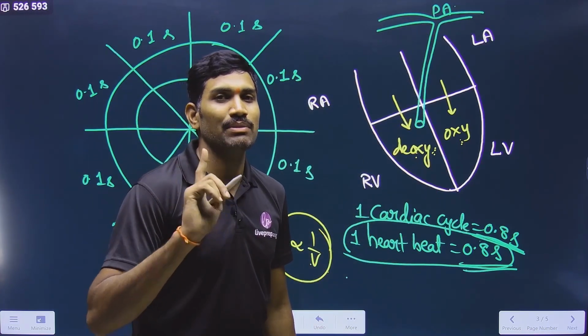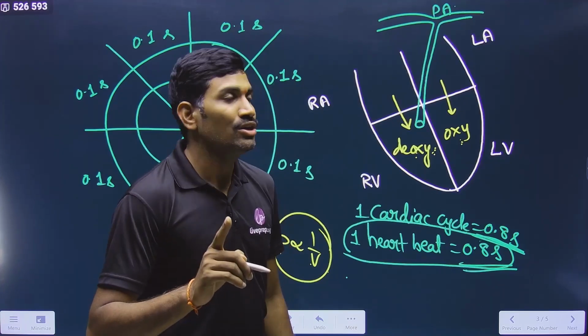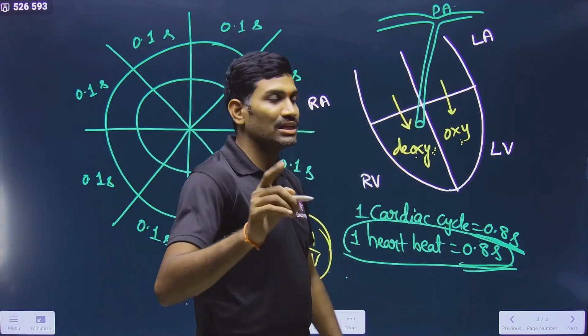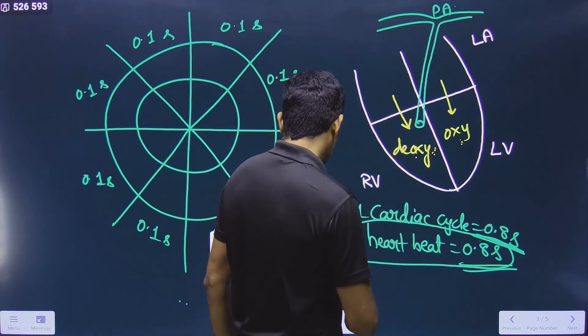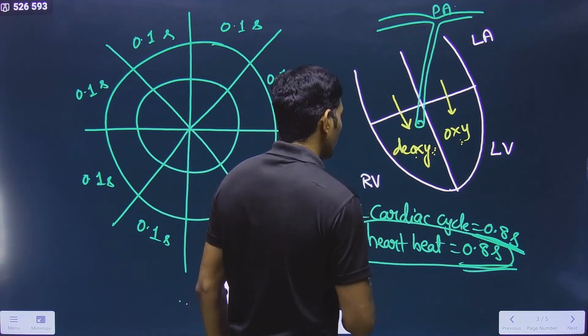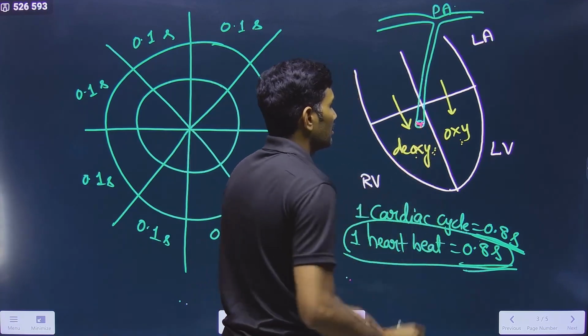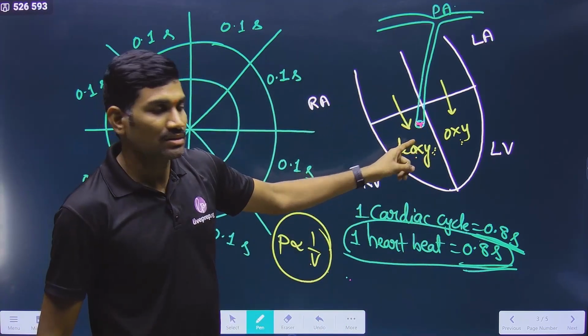Please remember this. Already in the previous lecture we studied about the valves, right? So this may happen. That is the reason why semilunar valves are present here. Yes or no?